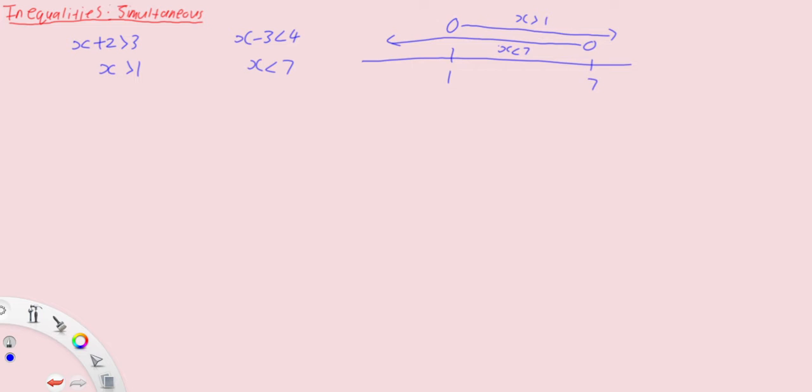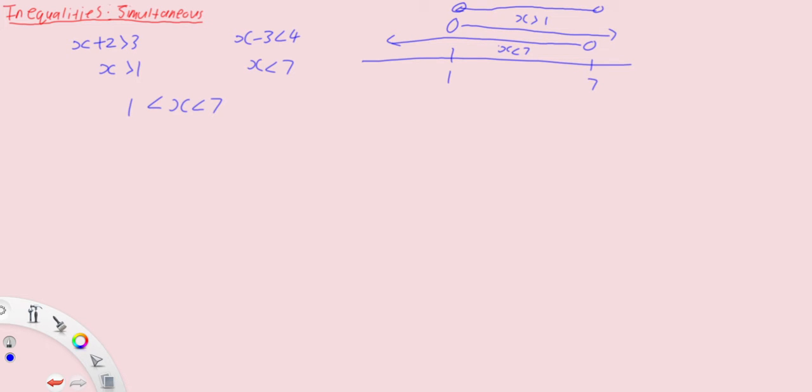Where they overlap is the bar from 1 to 7. To put it better, I'm going to use an empty circle at each end. As such, x must be greater than 1 and less than 7, so the final answer that satisfies both inequalities at the same time is x greater than 1 and x less than 7.